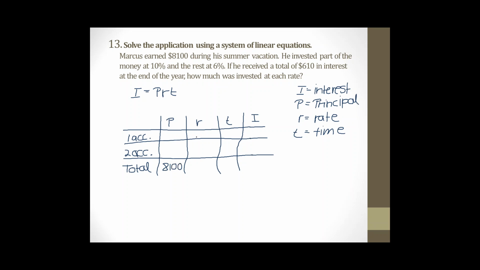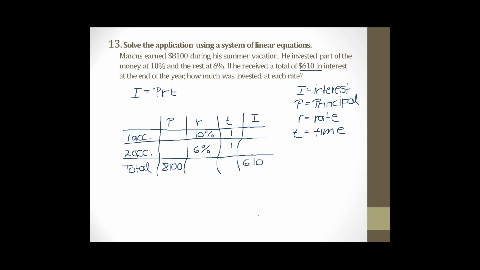Now I have two different rates. So my first account, I'm going to choose the 10%, and my second account, the 6%. Then the time, it says it's 1 year, so 1 and 1. And now the last amount I have is 610, which is the total interest I received. So that goes right here.